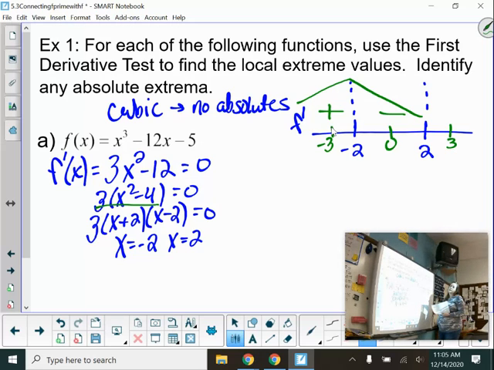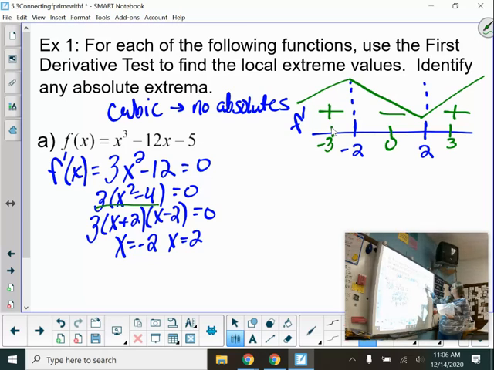Now we plug in 3. 3 squared is 9, minus 4 is 5, times 3, again, is going to be a positive. So then I'm going to be going back up again from 2 onward. So your local extreme values are going to happen where you change sign in the first derivative. Maxes occur where you change from increasing to decreasing.